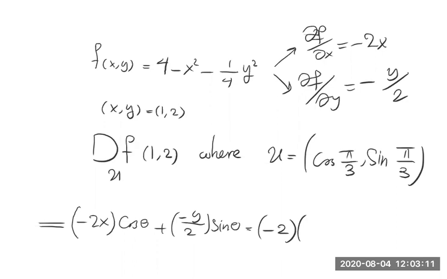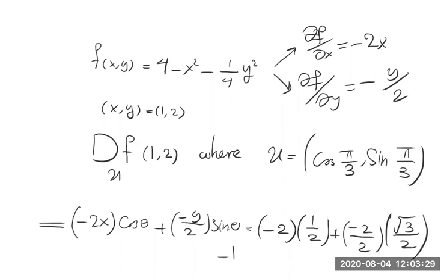Cosine of pi over 3 is 1 over 2, plus the partial derivative of f with respect to y is minus y over 2, but y here is 2 itself, times sine of pi over 3, which is the square root of 3 over 2, which is minus 1 minus square root of 3 over 2. That would be the directional derivative of f.